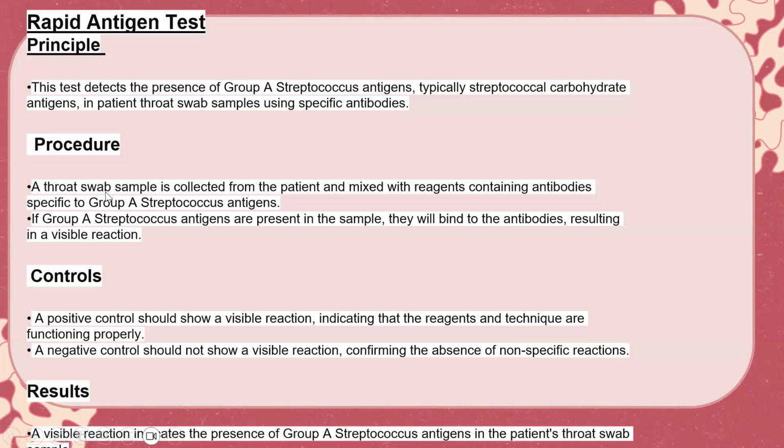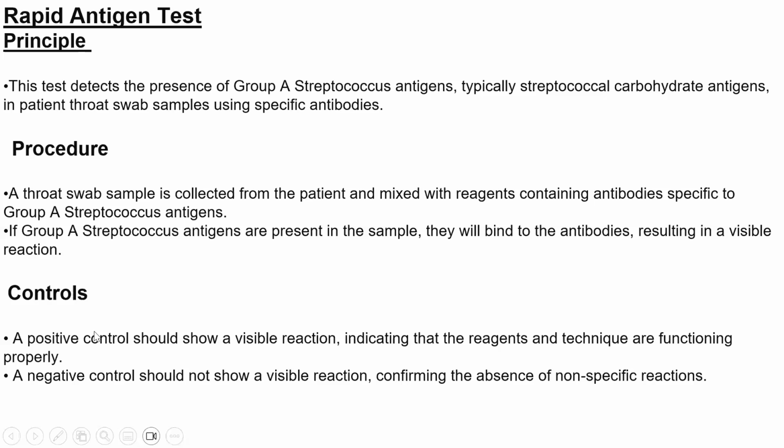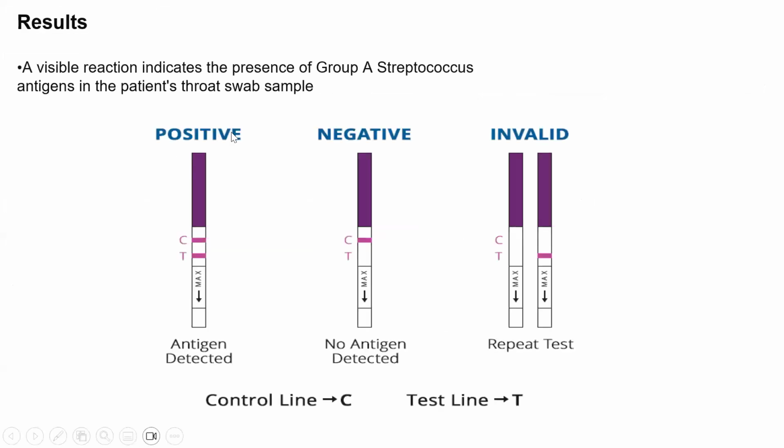Okay, the procedure is basically we are adding the sample to a reagent with known antibodies that will bind to this antigen, and we are going to look for the binding. So we have the kit.